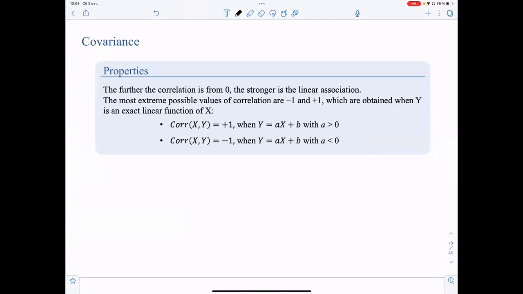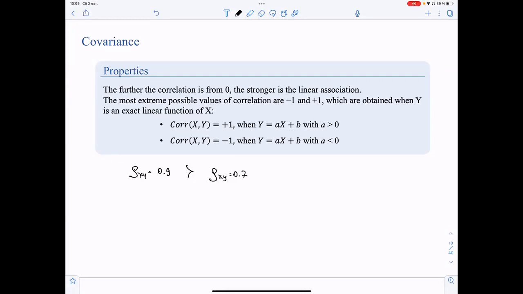So now we could say that a correlation of x and y equal to 0.9 is obviously better than a correlation of x and y equal to 0.7. Because it's closer to 1, obviously it is more strong.